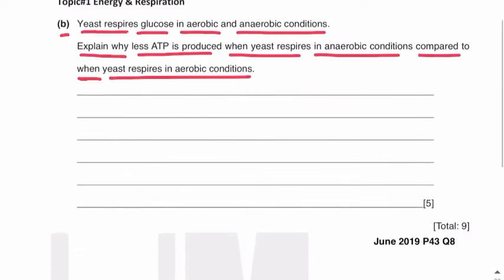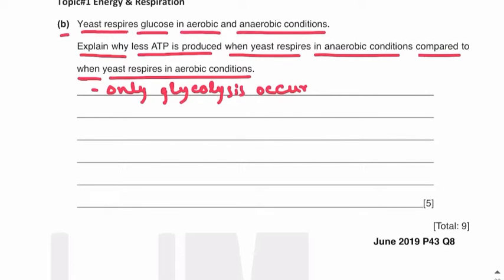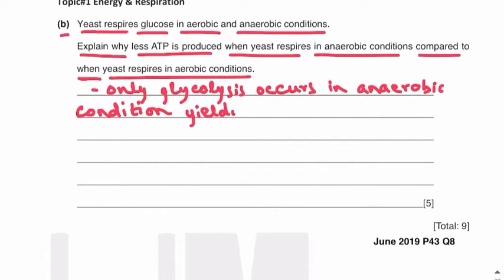So guys, you should know that in anaerobic conditions, only glycolysis occurs, which results in the production of 2 ATP. So only glycolysis occurs in the anaerobic conditions, yielding a net production of 2 ATP.